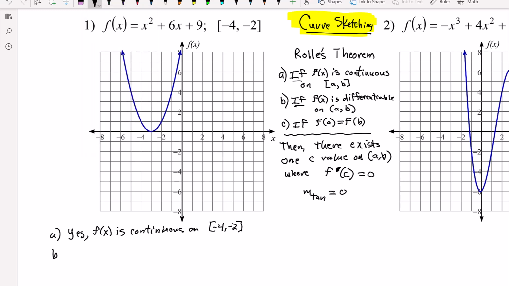And by the way, if the graph is continuous, then yes, f(x) is differentiable on the open interval.